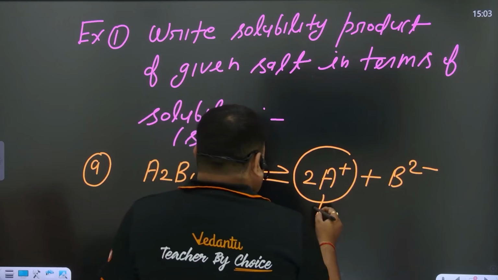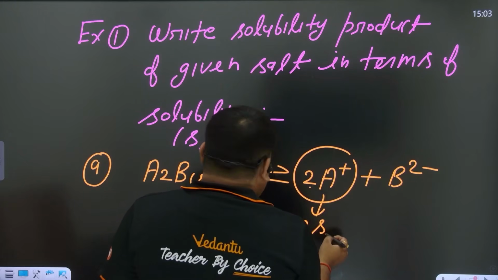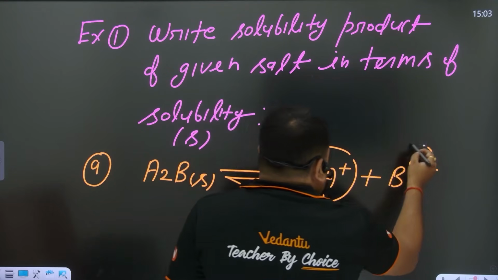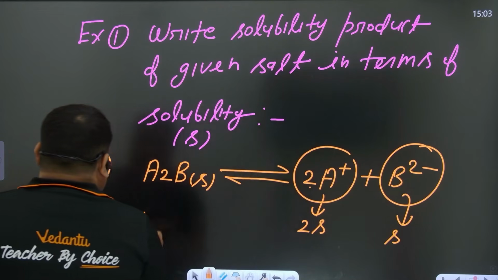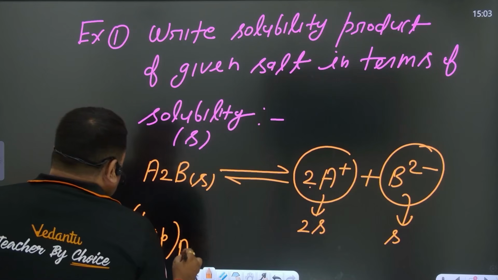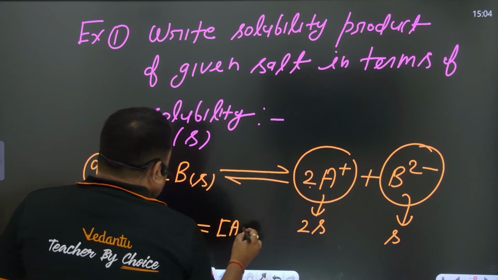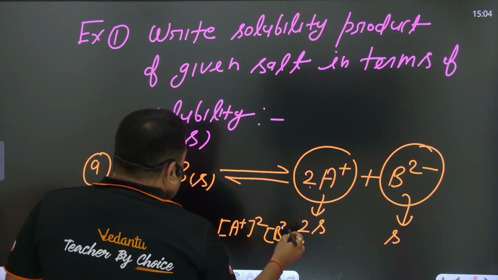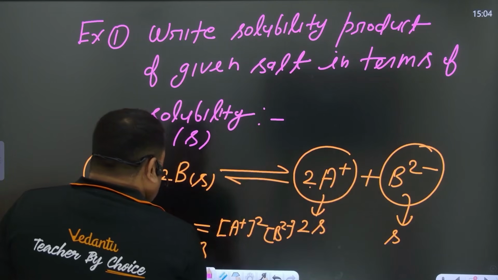So this is 2S here, beta, because 2 is there, and solubility of salt is S. So just multiply 2 into S. So this is 2S, and this is S. So what is the solubility product expression for this? Solubility product of A2B is equal to concentration of A^+ to the power 2 into concentration of B^2-, right?